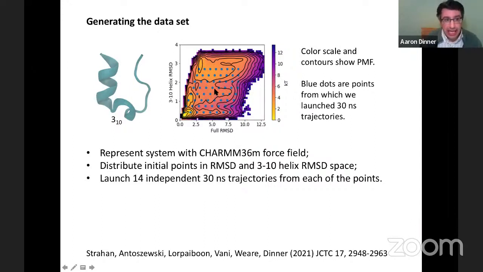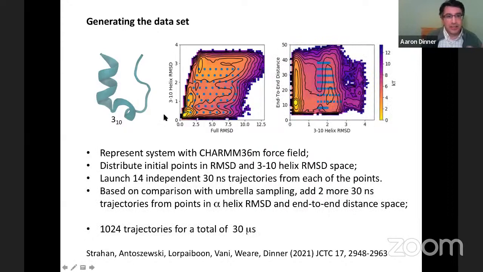Those are the blue dots here superimposed on the potential of mean force that I'm going to calculate in a moment. And when we did that, we found that we hadn't adequately sampled the unfolding of this alpha helix. And so we added a second set of simulations where we're distributing points in the end-to-end distance so that we can ensure that we unfold that alpha helix.